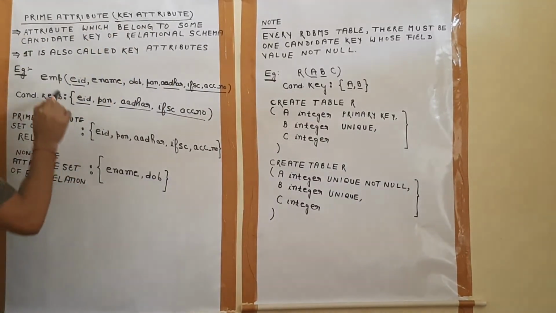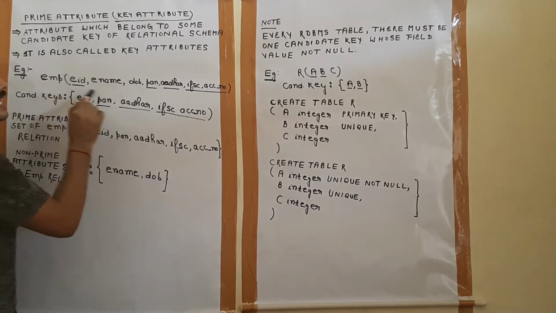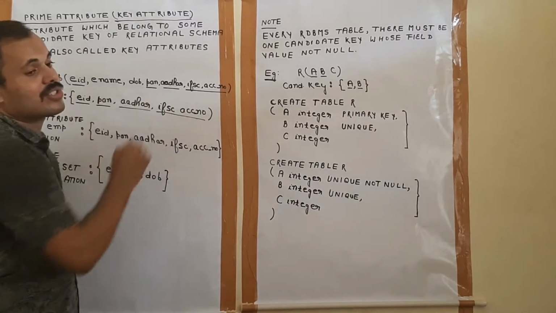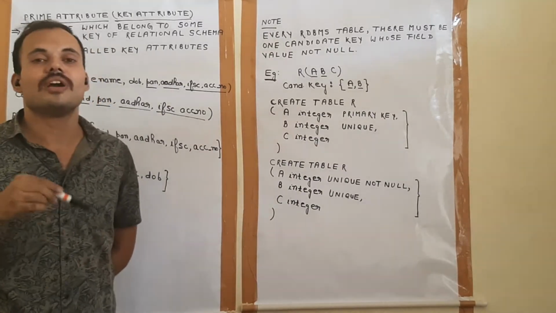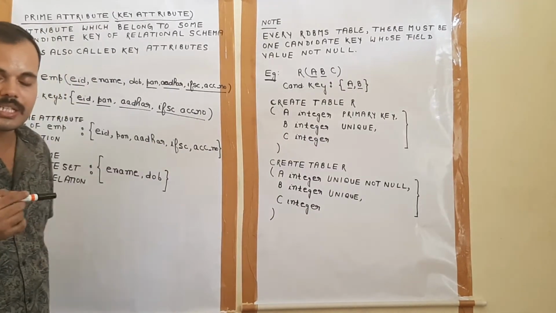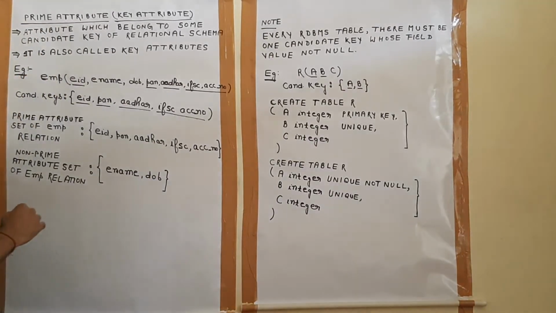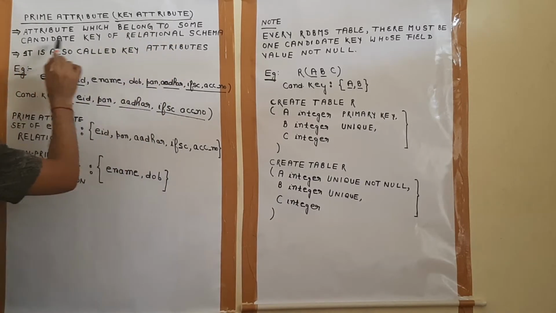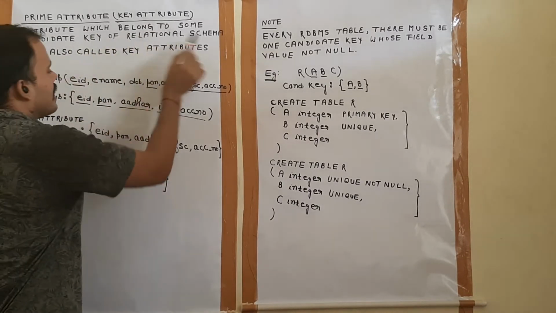So here the table name is there, the set of attributes are also there, and the integrity constraints are also there. So it is a relational schema.